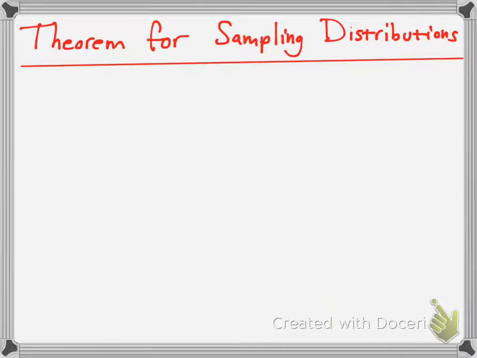So here are some things that we need to cover for the sampling distributions. If you want to see if your sampling distribution is valid compared to the population, you want to make sure first that the average of the sampling distribution is equal to the average of the population.